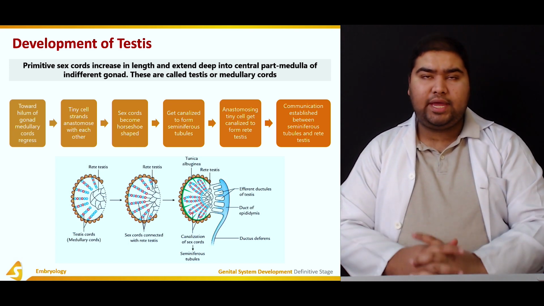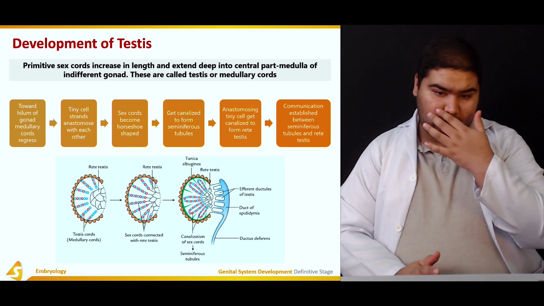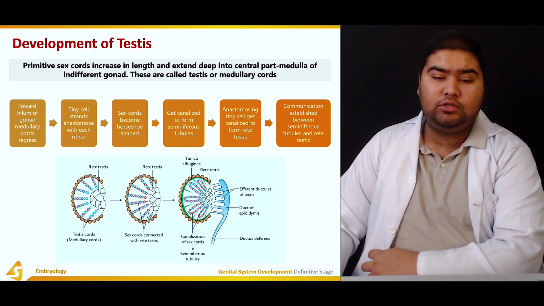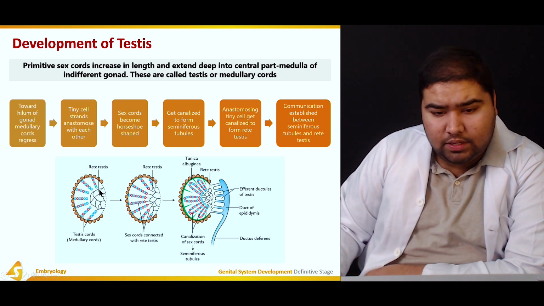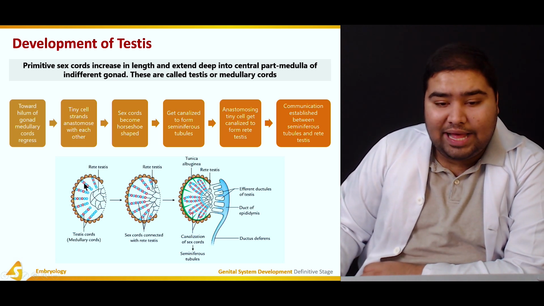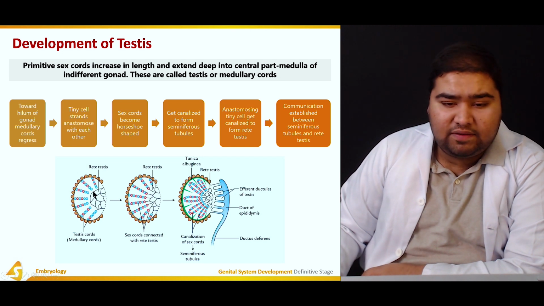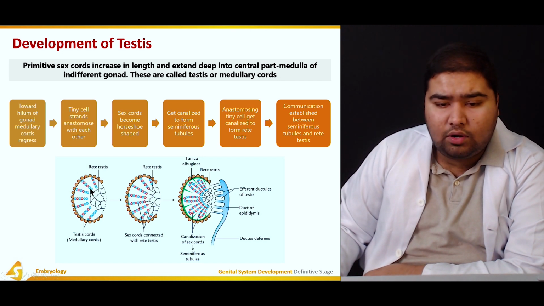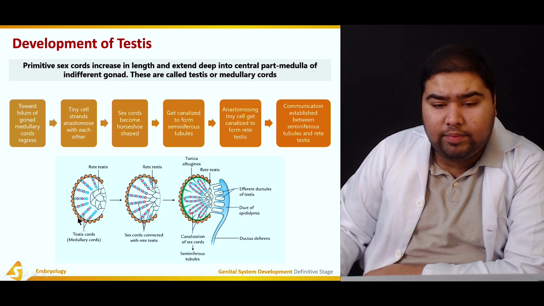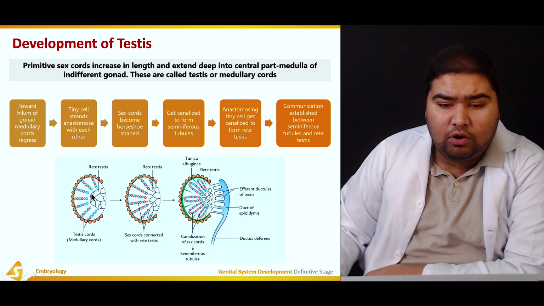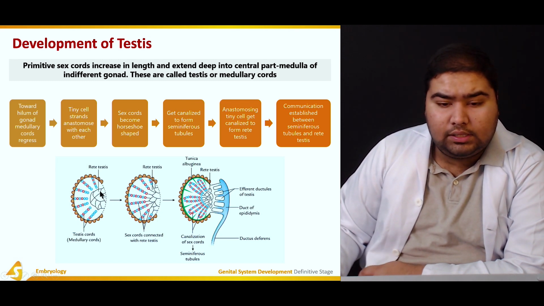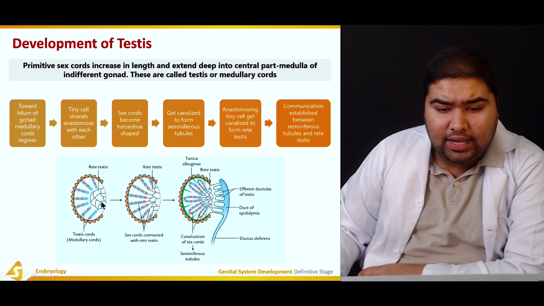So recapping it one more time, keep an eye on the figure, you will be able to understand it easily. First of all, at this point in time, these are the primitive sex cords. These primitive sex cords, which are actually the proliferations of the surface coelomic epithelium, proliferate deeper into the hilum of this developing gonad.